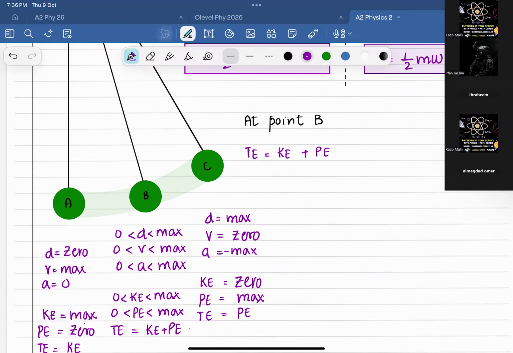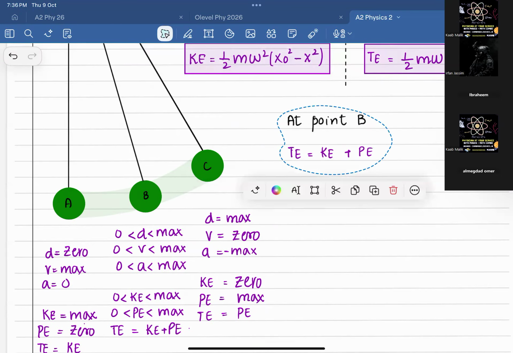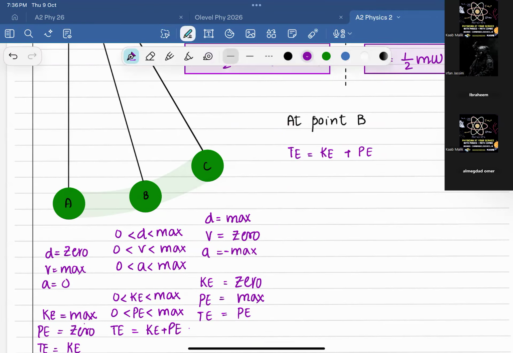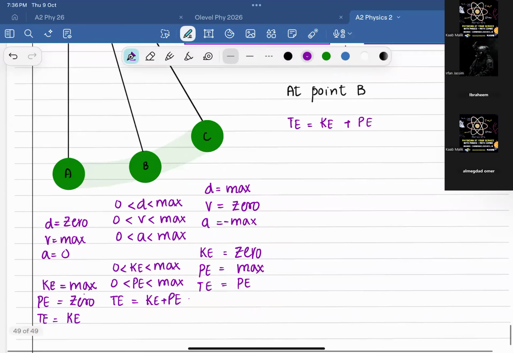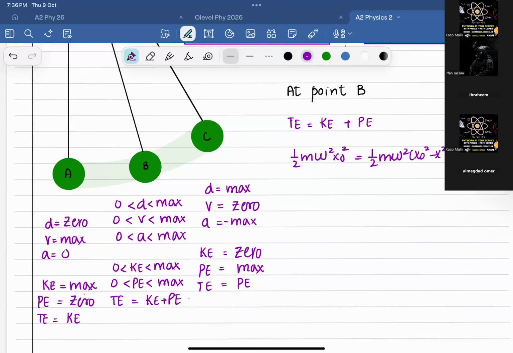Then we know that the total energy is given by half m omega squared x naught squared. And we also know that the kinetic energy is given by half m omega squared, x naught squared minus x squared, okay, plus the potential energy, right?